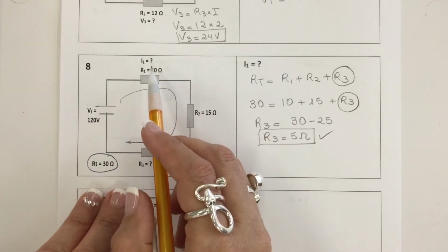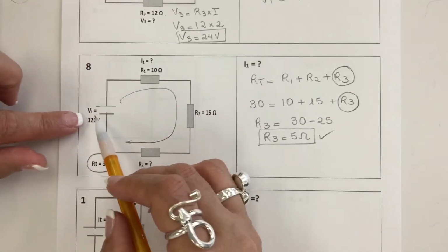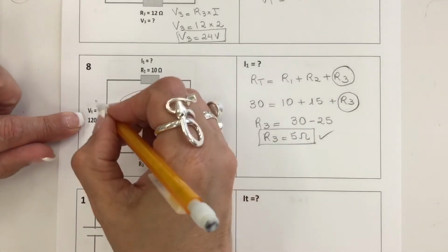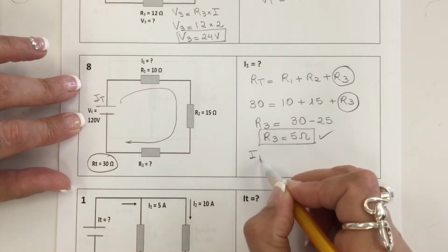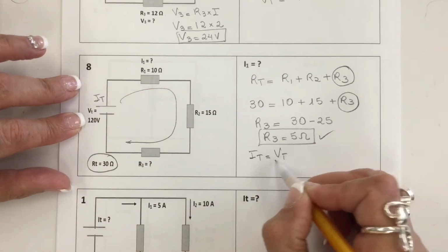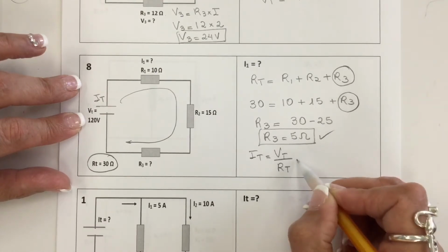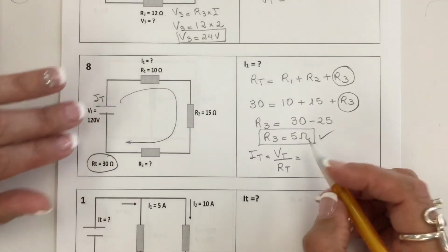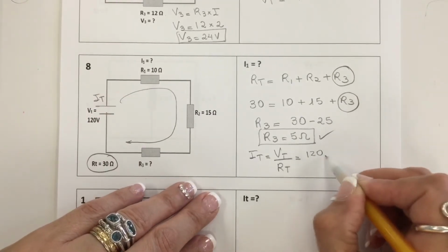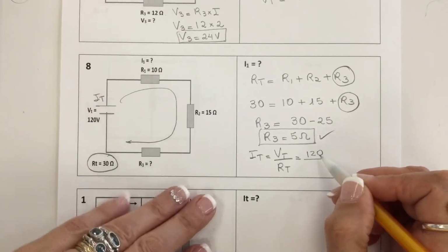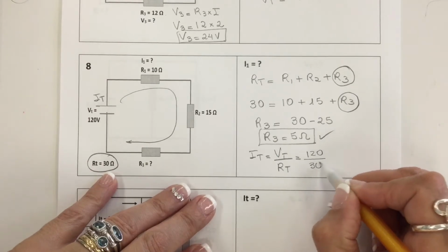To find this current, we can calculate the total current for here using the total voltage over the total resistance that was given in this problem. The total voltage is 120 right here, and the total resistance is 30.